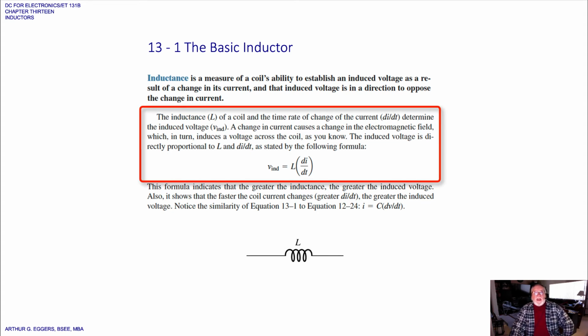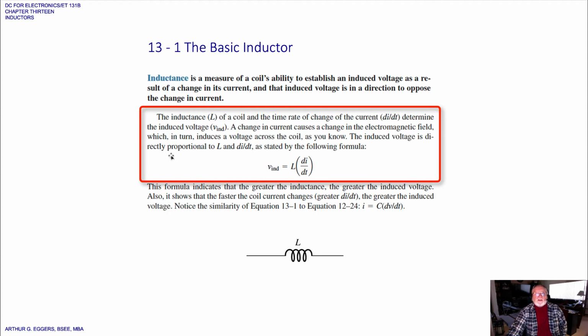The inductance L of a coil at the time rate of change of the current, di by dt, determines the induced voltage. So we have the small v, ind for induced, and di by dt, which is our calculus based representation of the change in current. So a change in current causes a change in the electromagnetic field, which in turn induces a voltage across the coil.